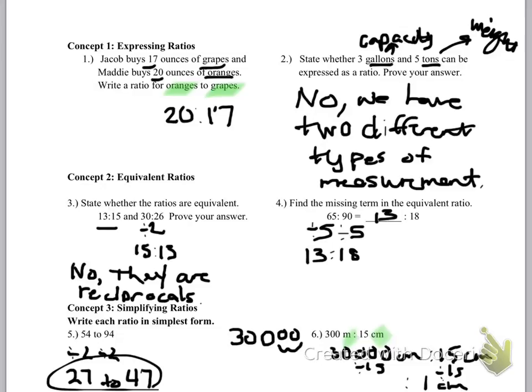And then the 30,000 divided by 15. If I forget my 3 zeros for a minute and just do 30, I get 2. And then I have 3 zeros left over. So I have 2,000 centimeters to 1 centimeter.